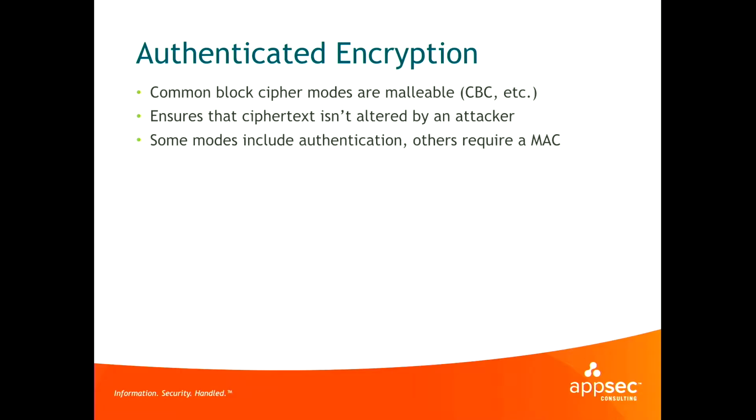One option is to use a mode such as GCM, CCM, something like that. These are modes that have authentication baked into them. They automatically produce an authentication tag so that when you perform the decryption step, that tag is validated and you only get your output data if the tag matches what it's supposed to be.